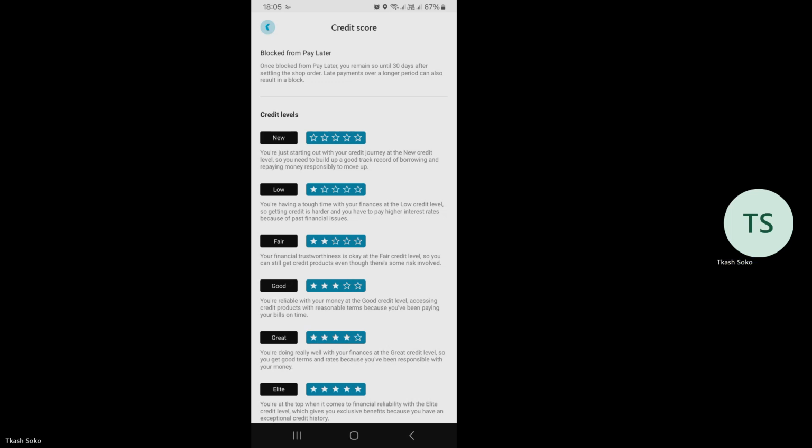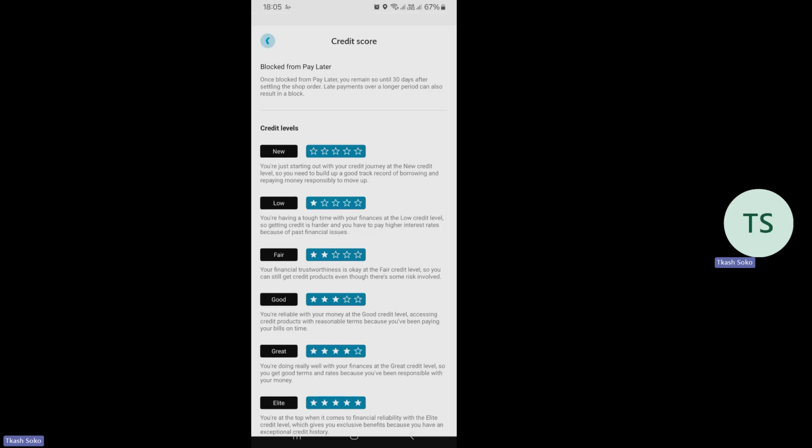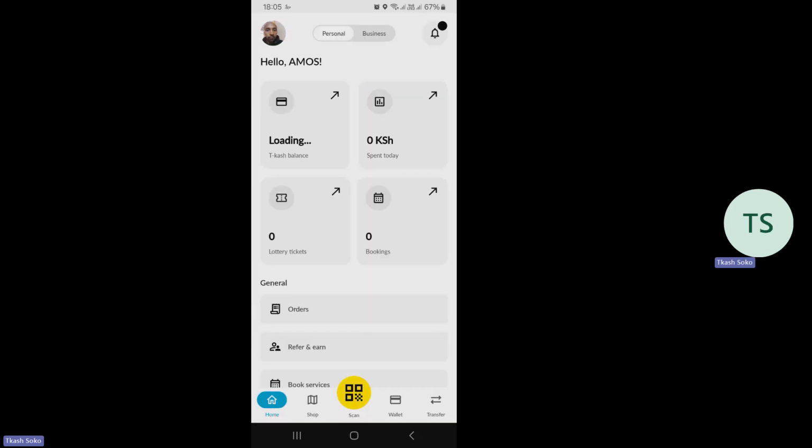So now, allow me to mention this, that you as a merchant, you as the business owner, ndio utakuwa unapeana pay later. Huyu mtu atakuwa anakuja anajaribu kununua kitu but they have zero balance.